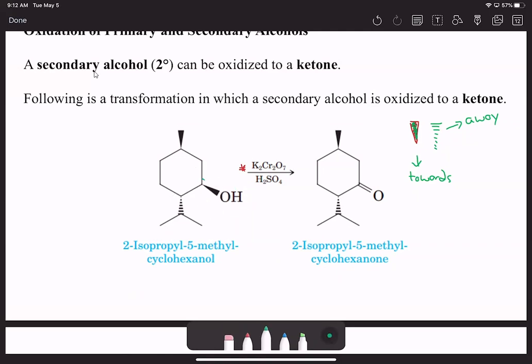If we're looking at this particular carbon here, 1, 2, 3 bonds, and there's an imaginary hydrogen sitting there, giving us our 4th bond. So we remove this hydrogen and we form our carbonyl.